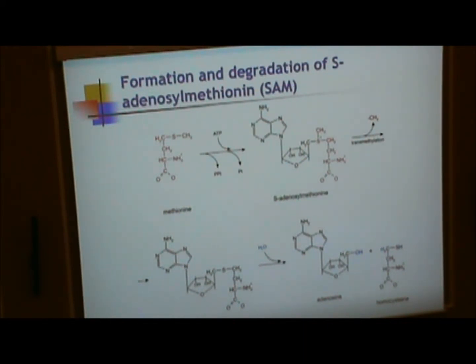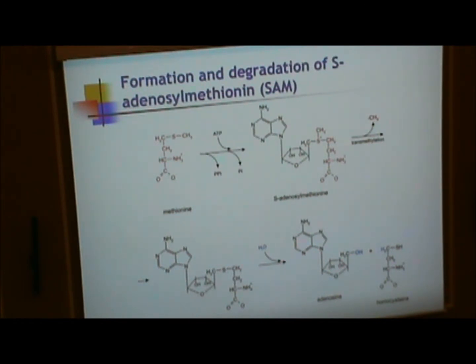The next biologically active substance produced from amino acid is S-adenosylmethionine. How is it synthesized?